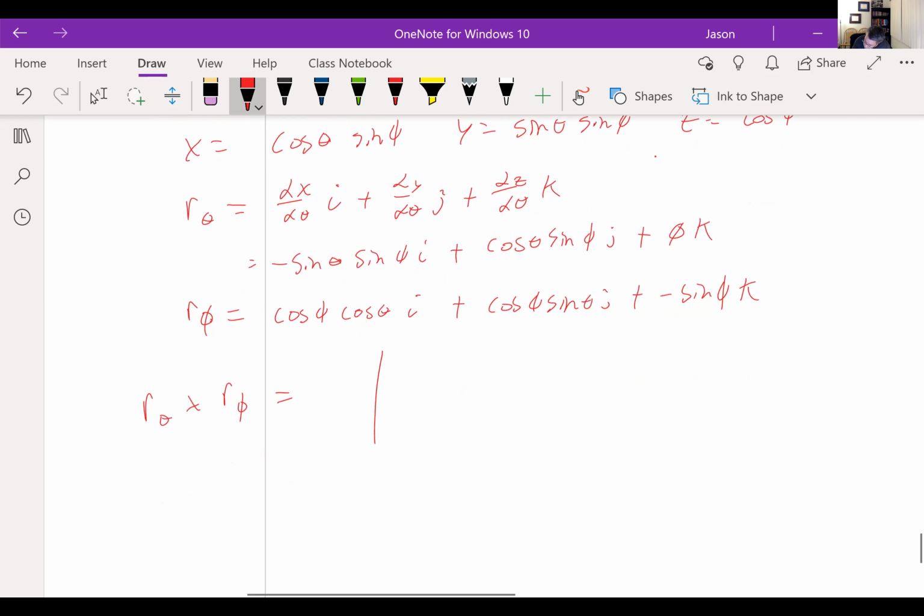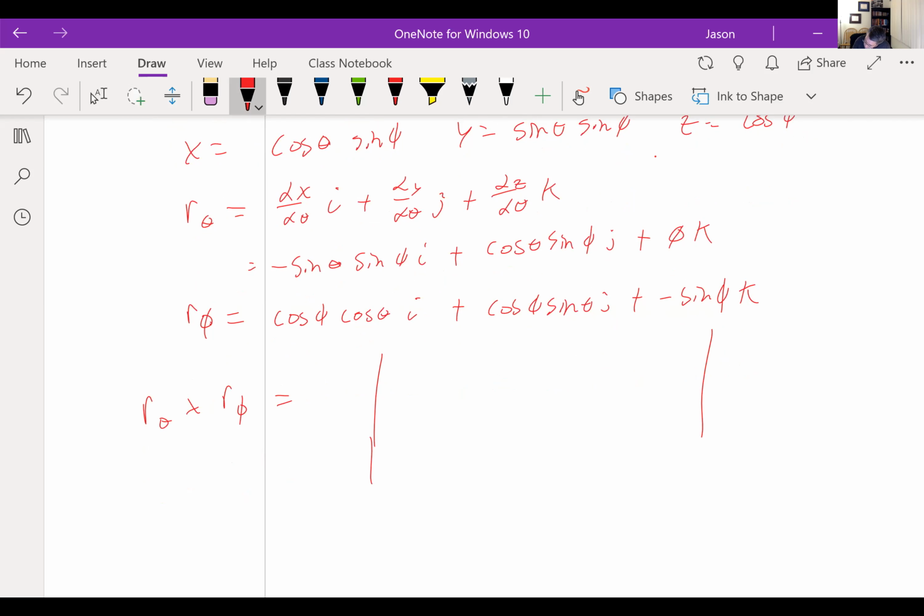Let's cross product this thing. i, j, k. The first row is negative sine theta sine phi, cosine theta sine phi, and 0. Then we have cosine phi cosine theta, cosine phi sine theta, and negative sine phi.